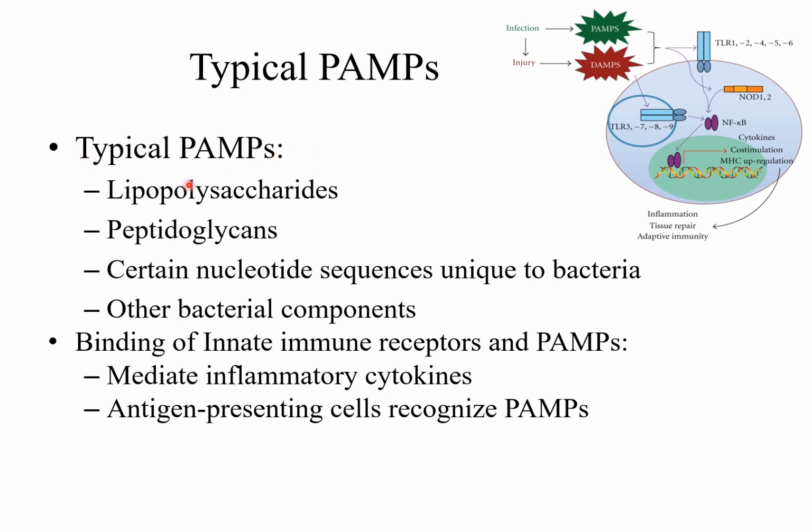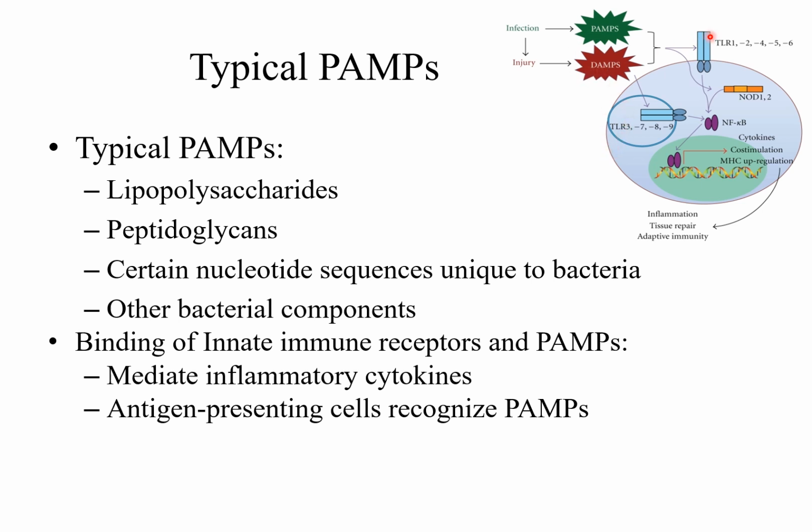What are the typical PAMPs? What are they made of? Lipopolysaccharide, peptidoglycan, a nucleotide sequence unique to bacteria, and some other bacterial components. As we said, these sequences are unique to these pathogens. They do not exist in our bodies, so they are going to be recognized. So PAMPs or DAMPs.